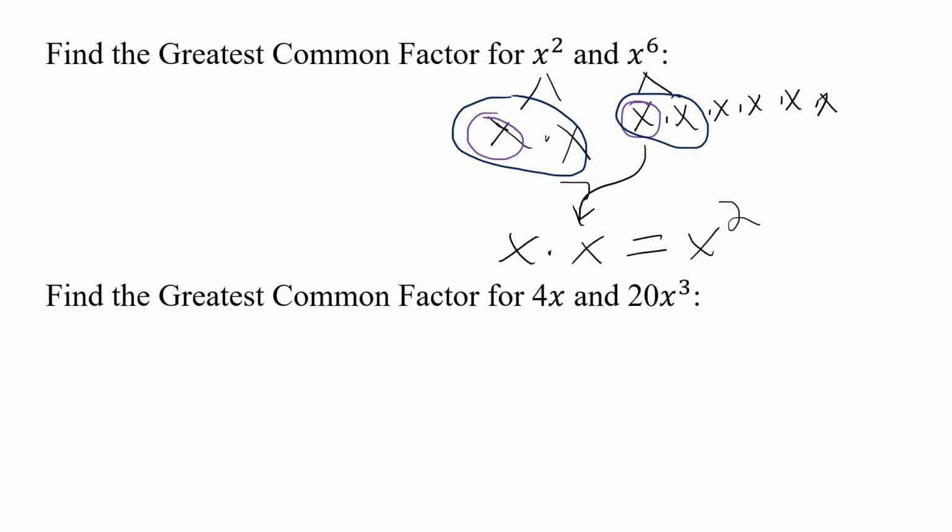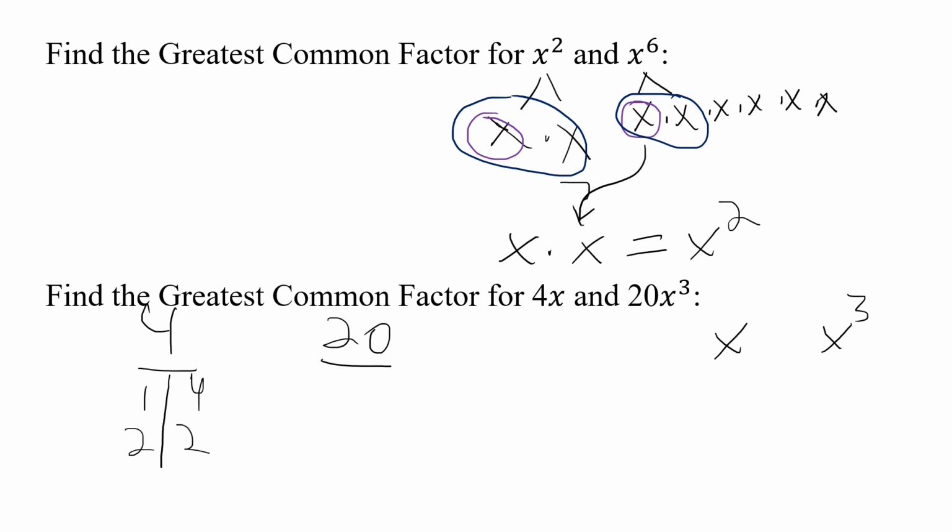So the greatest common factor between x squared and x to the sixth is actually x squared. Okay, so let's go ahead and put numbers and letters back together. We have 4x and 20x cubed. The way that I like to solve problems with numbers and letters together is I like to have our numbers over here and find the GCF between the numbers, and our letters over here and find the GCF between the letters. So let's do the numbers first. We have 1 and 4, factors of 4, and 2 and 2.